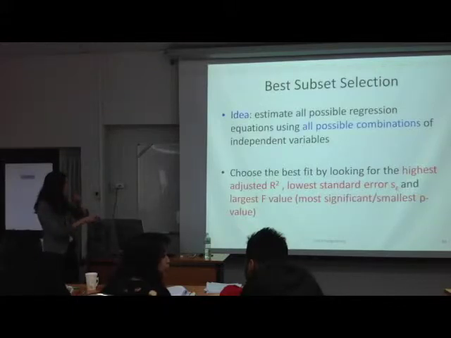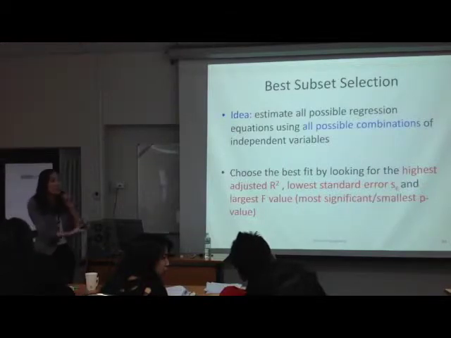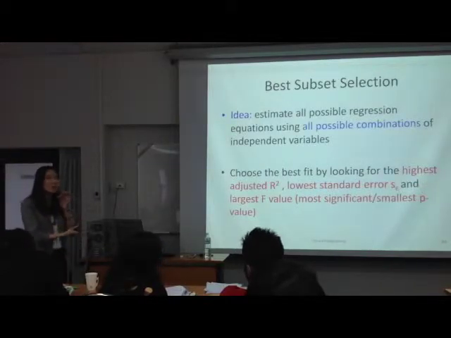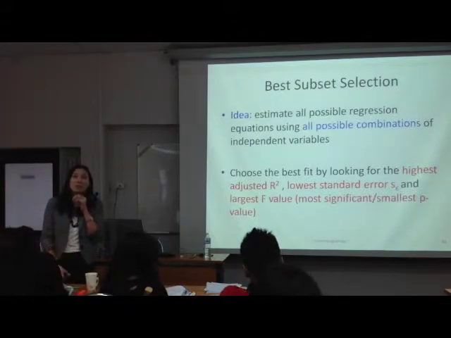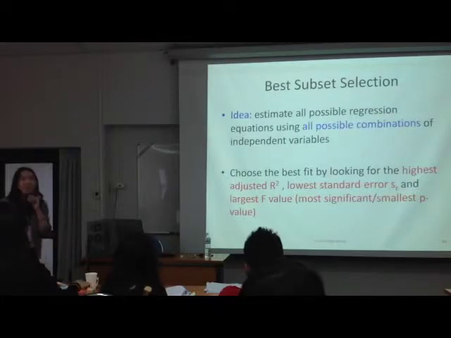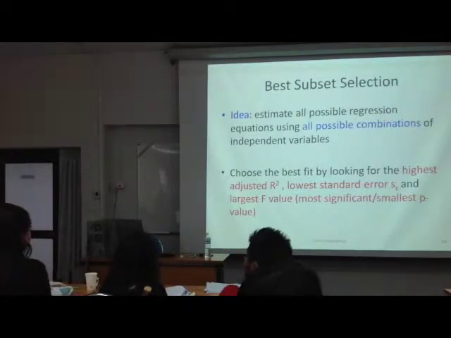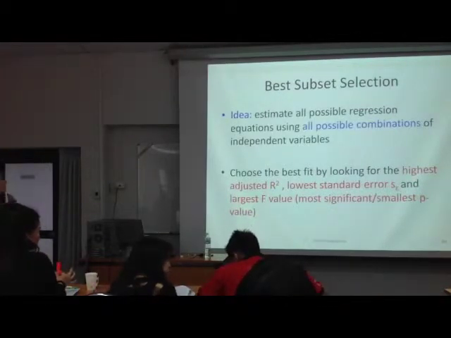Here we don't talk about R-squared anymore because we deal with all possible combinations. That implies that sometimes we have to compare models with a different number of variables, right? So we compare the adjusted R-squared rather than R-squared. And we also compare the largest log-likelihood value and the lowest standard error.